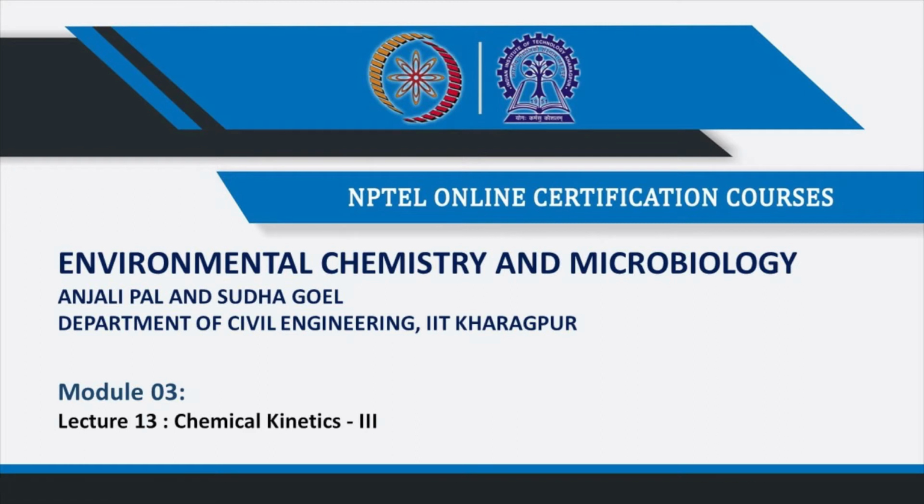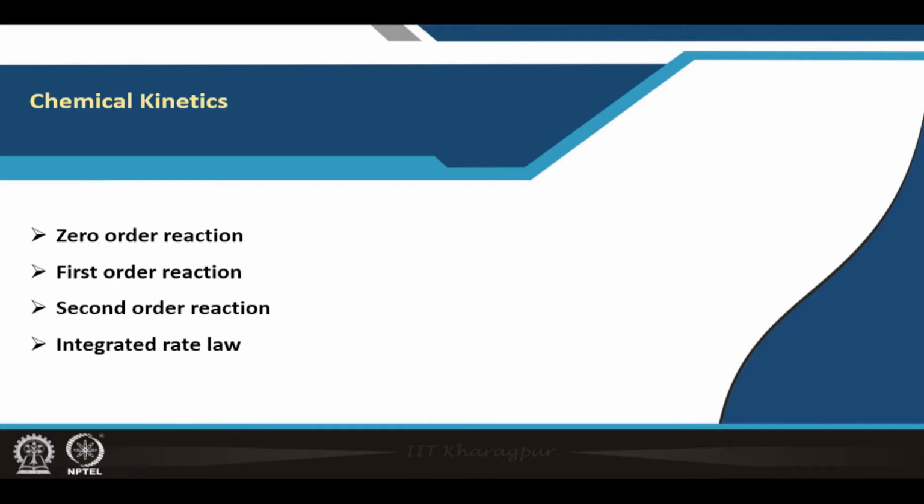In module 3, I am discussing chemical kinetics, and in this lecture, that is the 13th lecture, I will be covering the zero order reaction, first order reaction, second order reaction and integrated rate law.